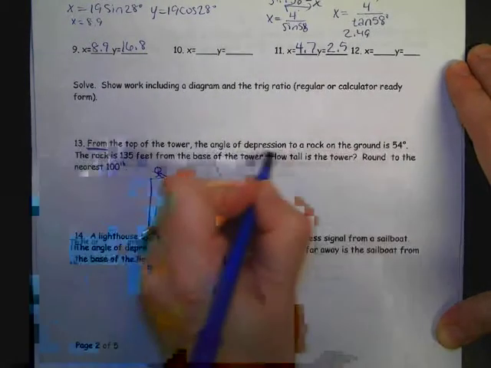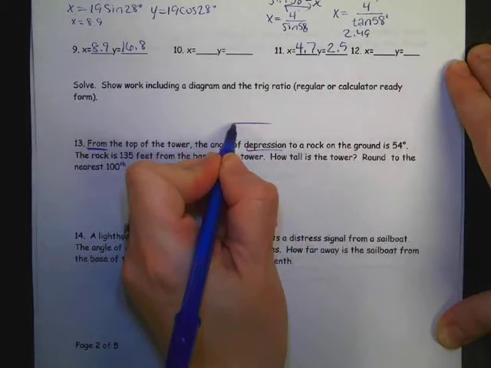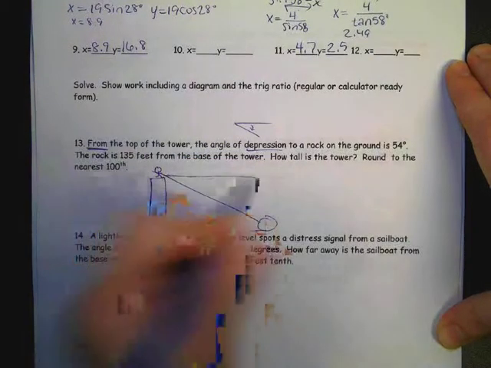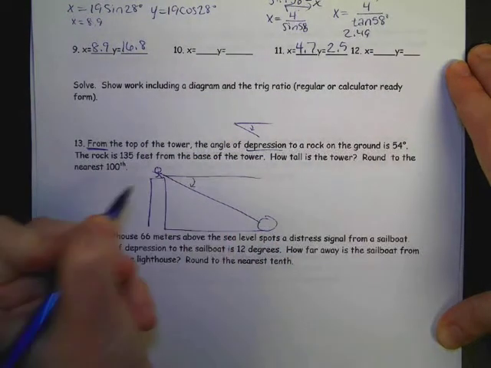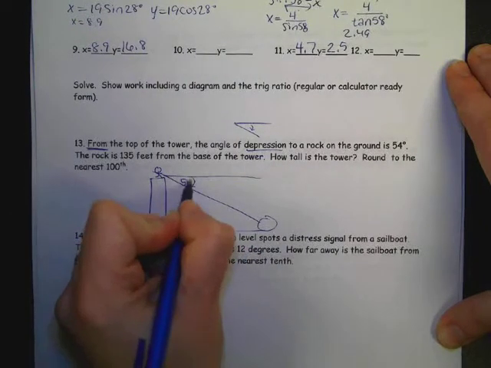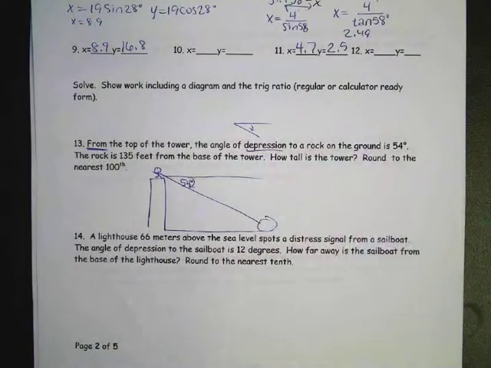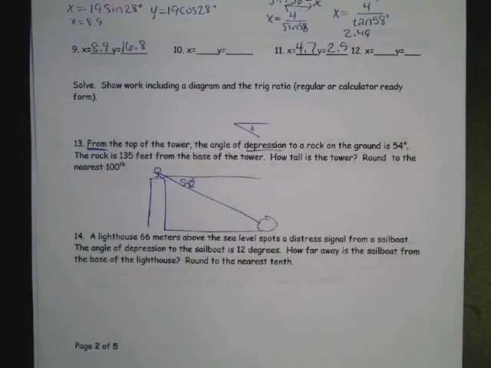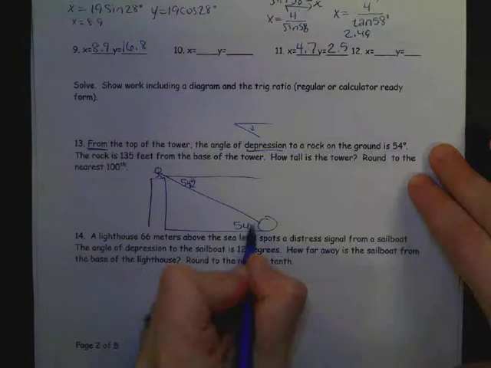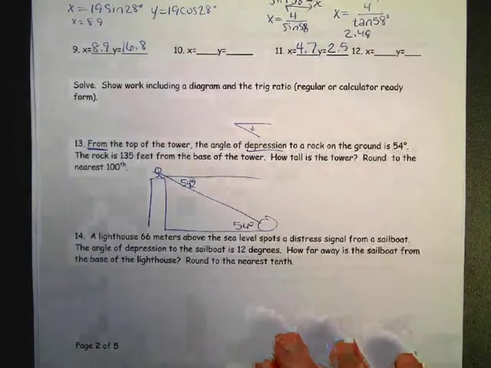Well, the angle of depression means it should start from horizontal and go down. So if I draw the horizontal from my point of view and go down to my line of sight to the rock, that's the angle that's going to be 54 degrees. Not only that, but your angle of depression and angle of elevation are identical because they're alternate interior. So I could also say that this angle right here by the rock is 54 degrees.